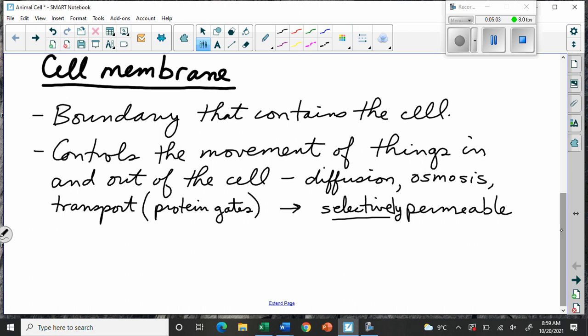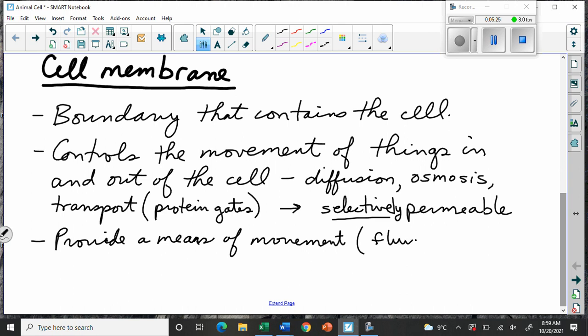The other thing cells do, or cell membranes can do, is they provide a means of movement. I'm having trouble writing, means of movement. The cell membrane is fluid. Remember, I'm going to put that down here.